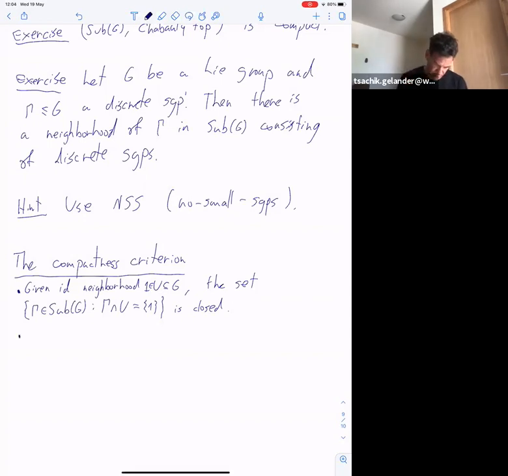Two, given V positive, let's do it this way.